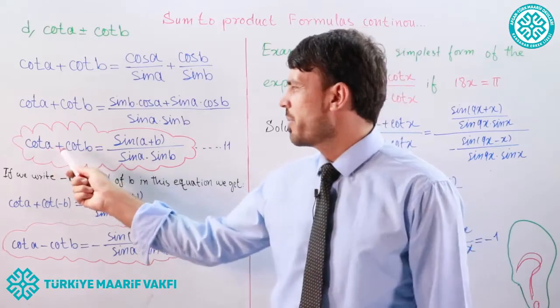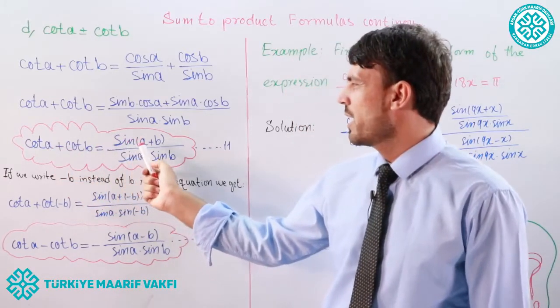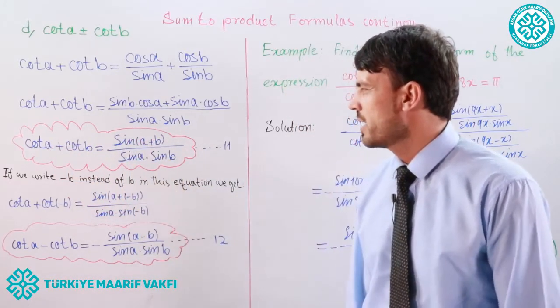So cotangent A plus cotangent B is equal to sine A plus B over sine A sine B.